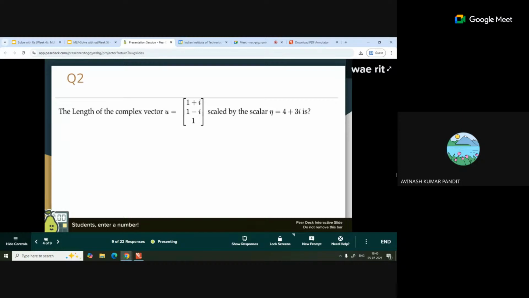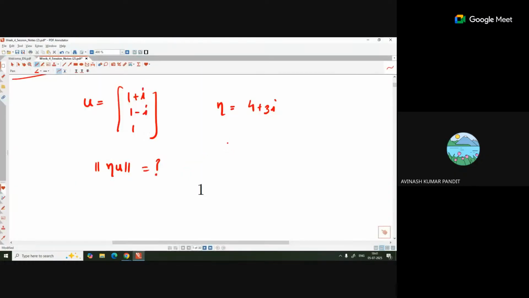Scaled by the scalar. So let's say you have any vector, think about it in the real space. Let's say the vector is u, and if I say 5 times u, what does that mean? The length is multiplied.